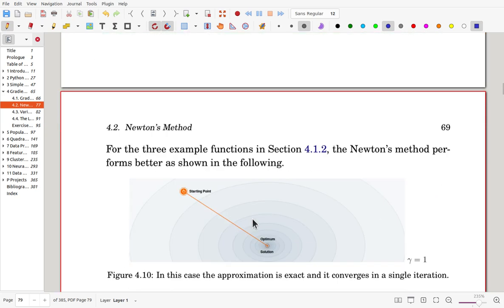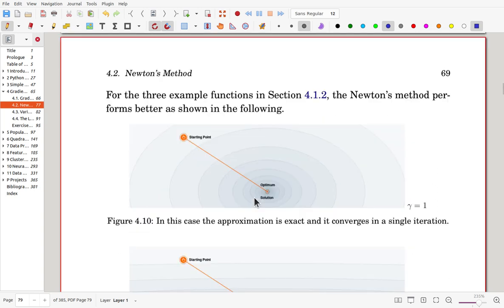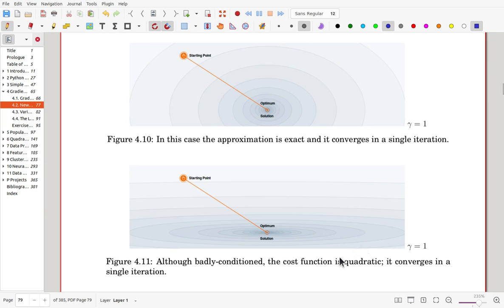Okay, here we have examples. For a well-conditioned quadratic, one iteration is enough to reach the minimum when we are running the method with gamma equal to 1. Even when poorly conditioned, once it's quadratic, again one iteration will locate the minimum.